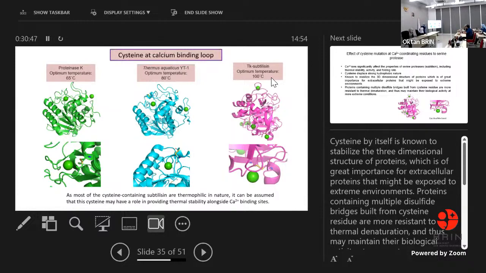That is one of the features that differentiates thermostable proteases from non-thermostable ones.